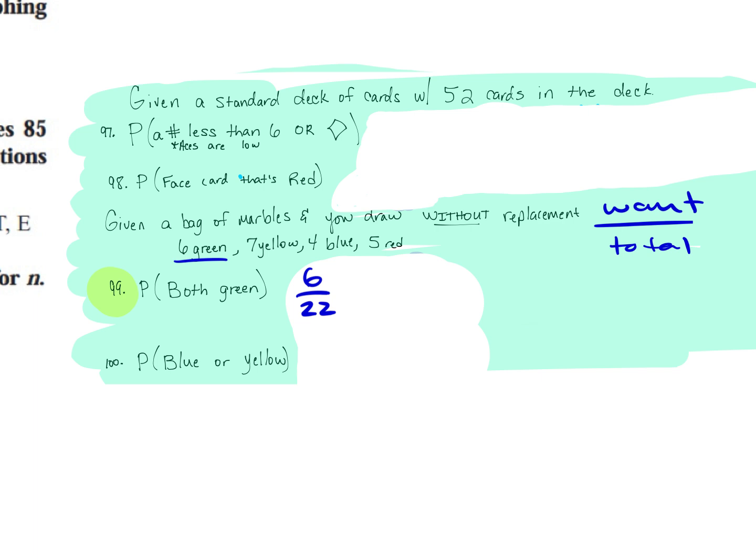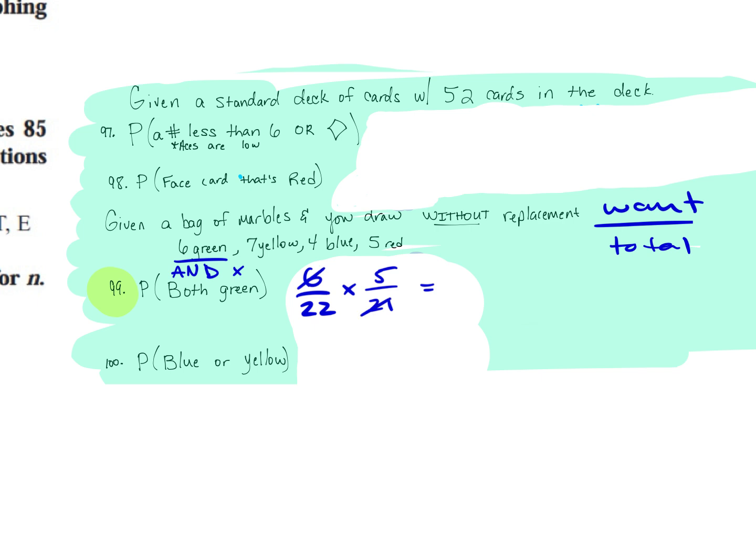So when they're both green, I'm picking a green one and a green one. And means that we multiply. So now I have 5 out of 21 marbles that are green in the bag. So when we multiply these together, you can simplify first, then multiply, or multiply, then simplify.